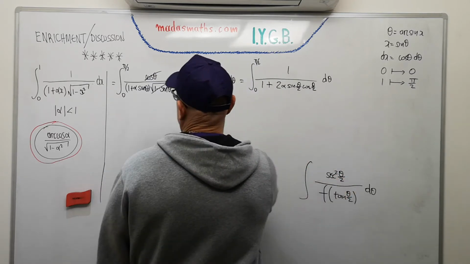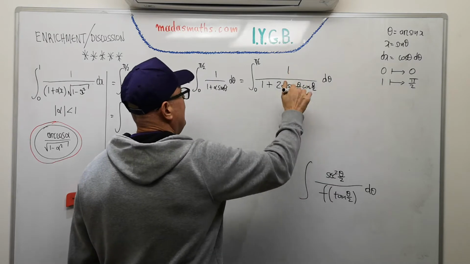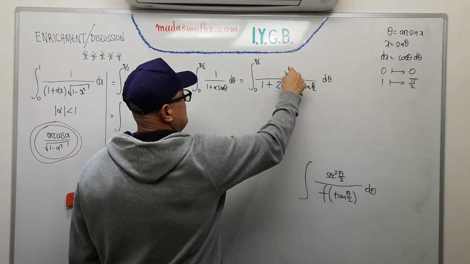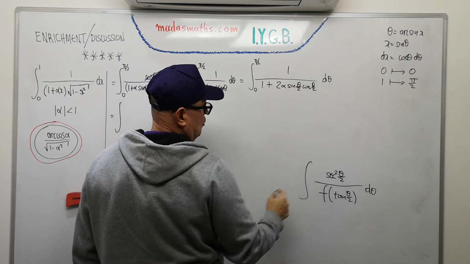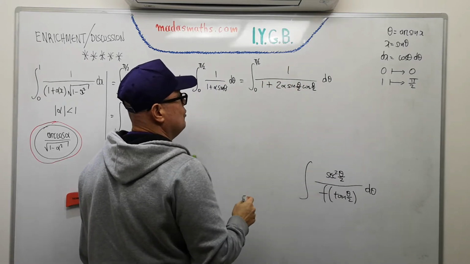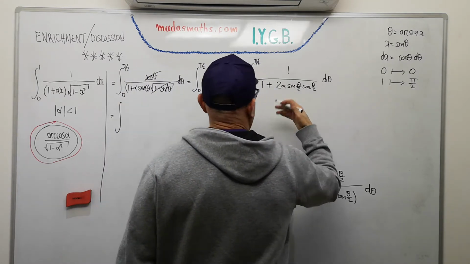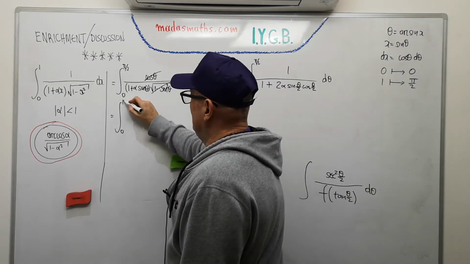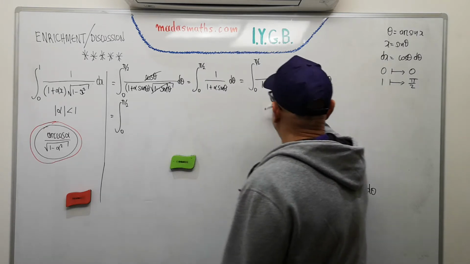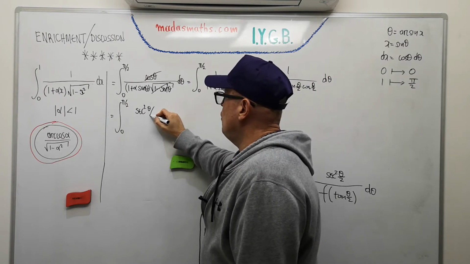I need to create a sec squared. I'm going to create the sec squared of theta over 2 by either multiplying top and bottom by this or dividing top and bottom by cos squared of theta over 2. Of course, it's exactly the same thing. I'm just doing it wherever it suits me. I see it as multiplication, wherever it suits me, I see it as division. So this is now the same integral. The top will become sec squared of theta over 2.